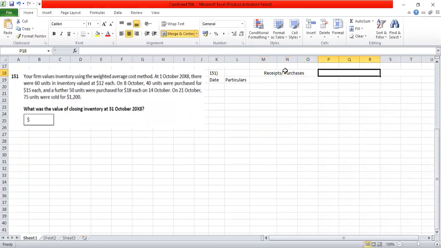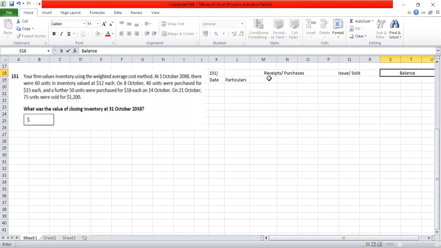Then the second set of three columns we call issued to the production department, or sold, either of it. Then the final three columns are balance. Each of these three columns have three sub columns, which will be the number of units, the rate, and the amount.